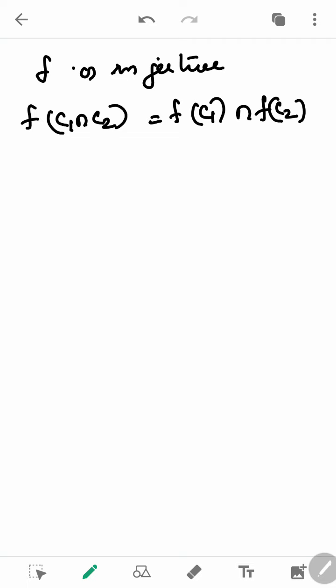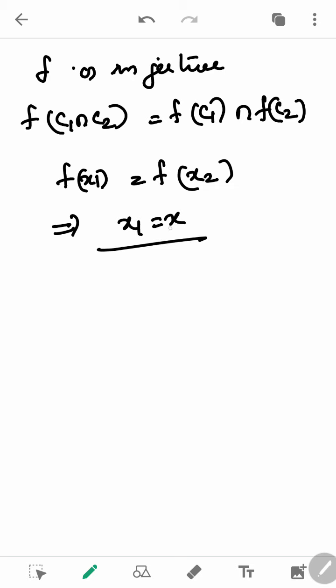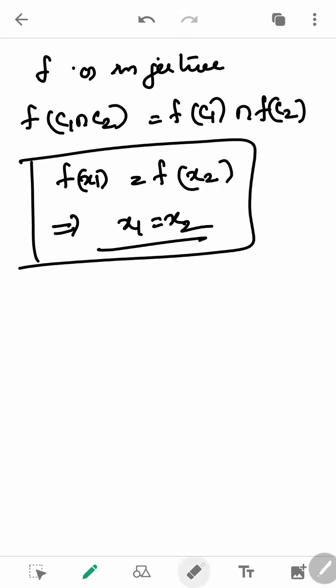The definition of injective: if F of x1 is equal to F of x2, and F is injective, x1 should be equal to what? x2. Okay, now this is the injective property. What you have to prove? We have to prove F of C1 intersection C2 is equal to F of C1 intersection F of C2.